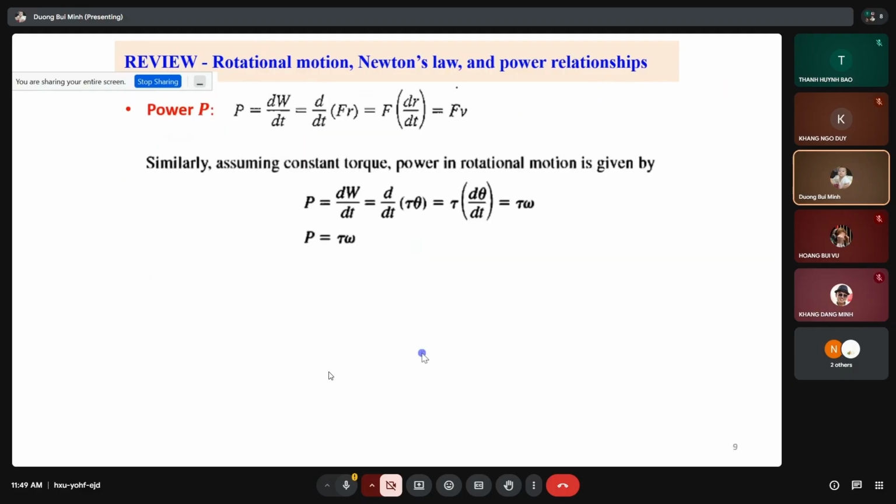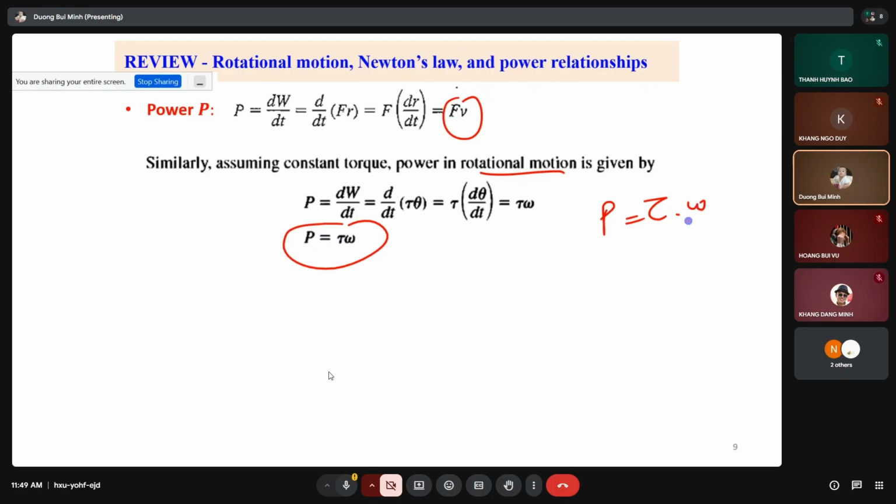Power. For straight motions, you get power is F dot V, right? We discussed before. For rotational motions, we calculate power as torque times omega.